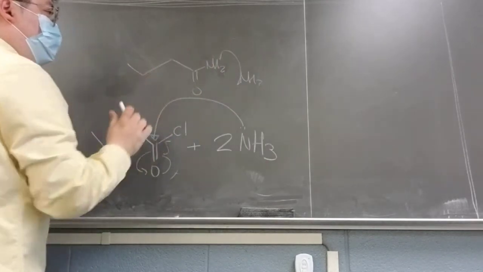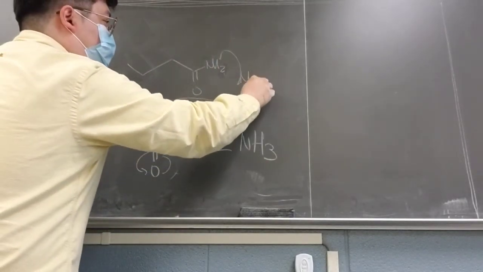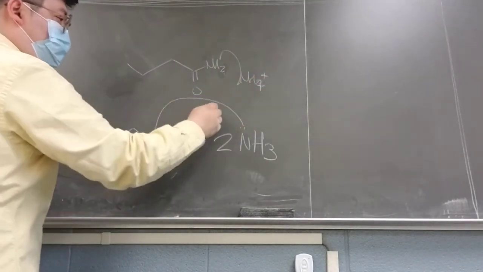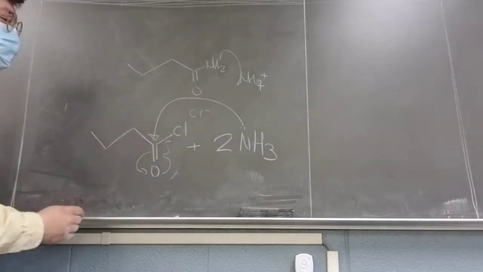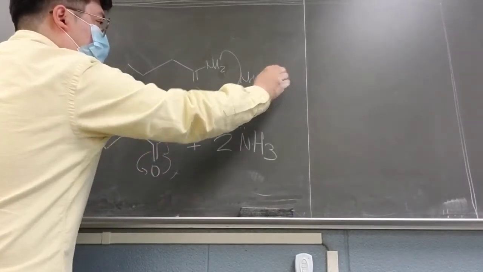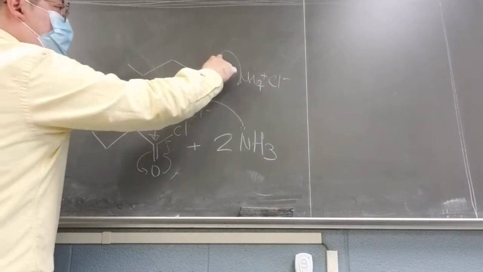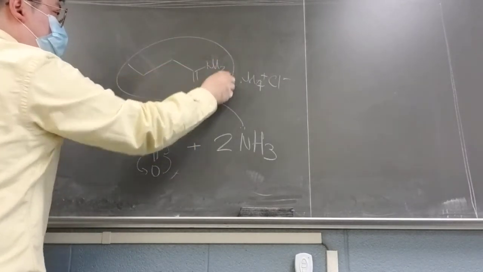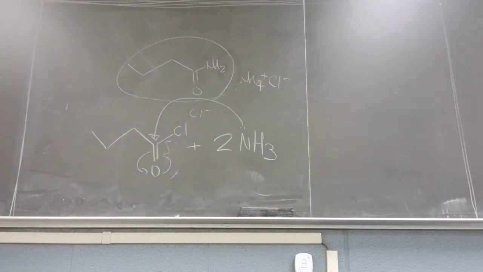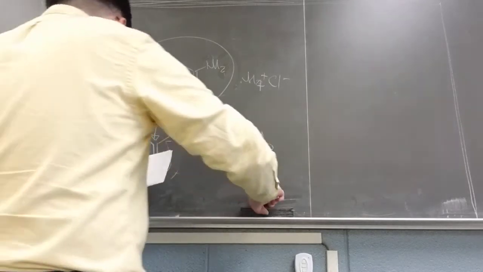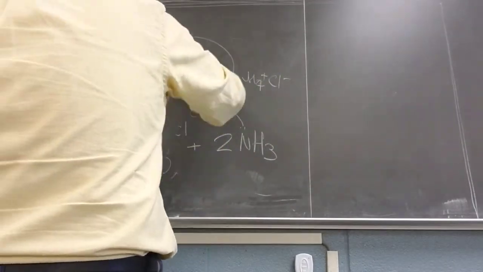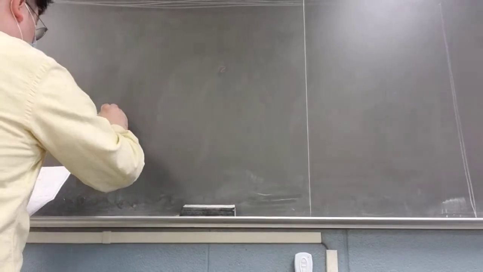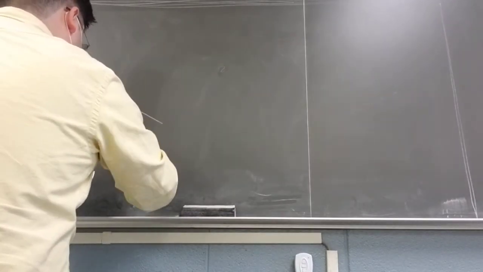So this is gone, and then this will become an ammonium cation paired with that leftover chloride anion. It becomes a salt. Okay. So this is your amine. Okay, good. Perfect. All right, that's a little bit of a tricky one. Just not so tricky.